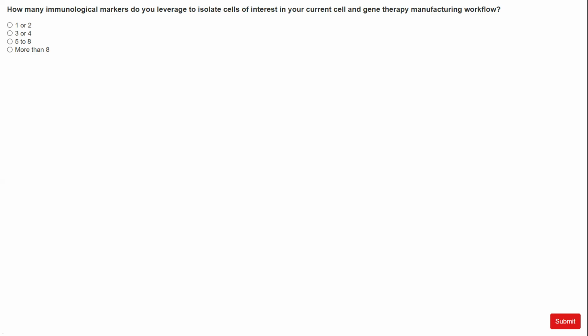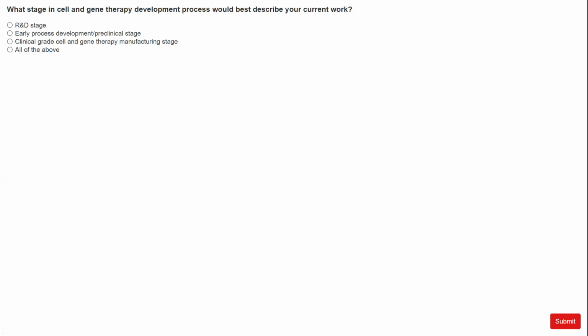Thank you for your participation in that first poll. Our next poll question asks, what stage in the cell and gene therapy development process would best describe your current work? You can select R&D stage, early process development or preclinical stage, clinical grade cell and gene therapy manufacturing stage, or all of the above.